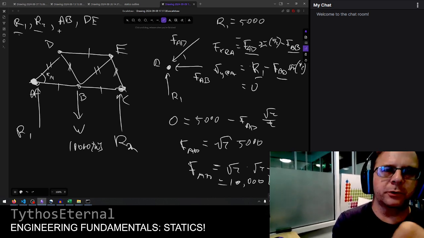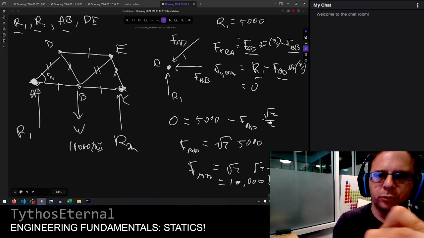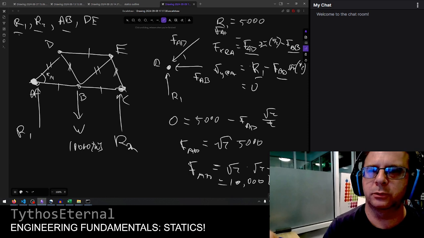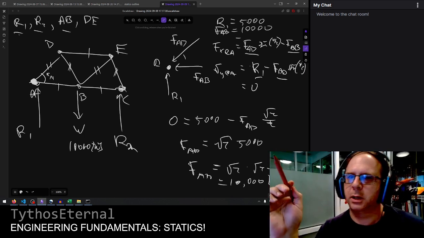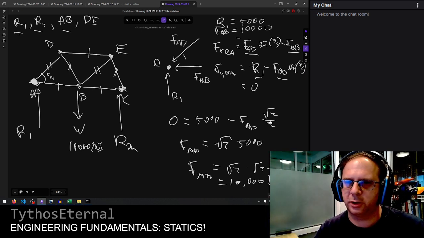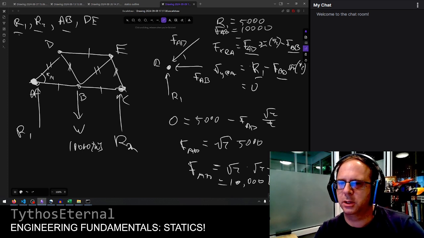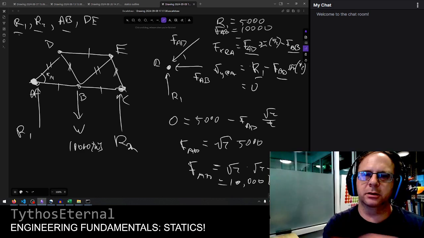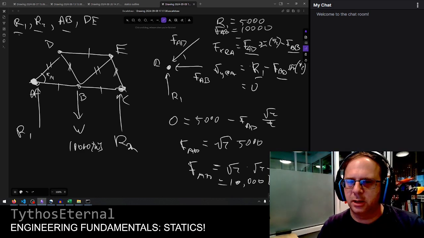So we know this, we know this, we know this. Let's go ahead and write that out here before we move on to, let's see, B. Also, let me make sure I got the signs right here. 0 minus, okay, so FAD is acting in that direction.